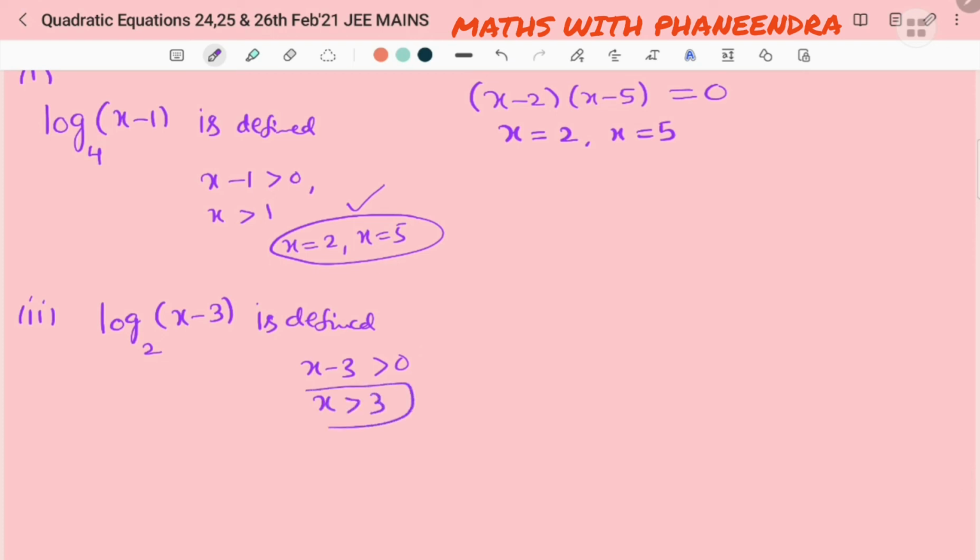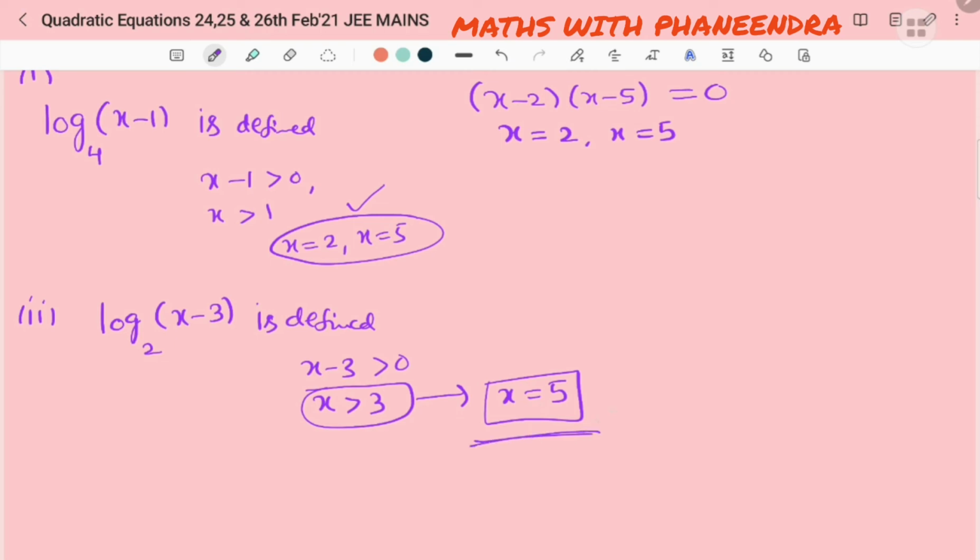Which is possible? x is equal to 5 only possible, not x is equal to 2. Here x is greater than 1 means x is equal to 2, x is equal to 5, both are possibilities. But according to this, x is greater than 3, x is equal to 5 only possible.